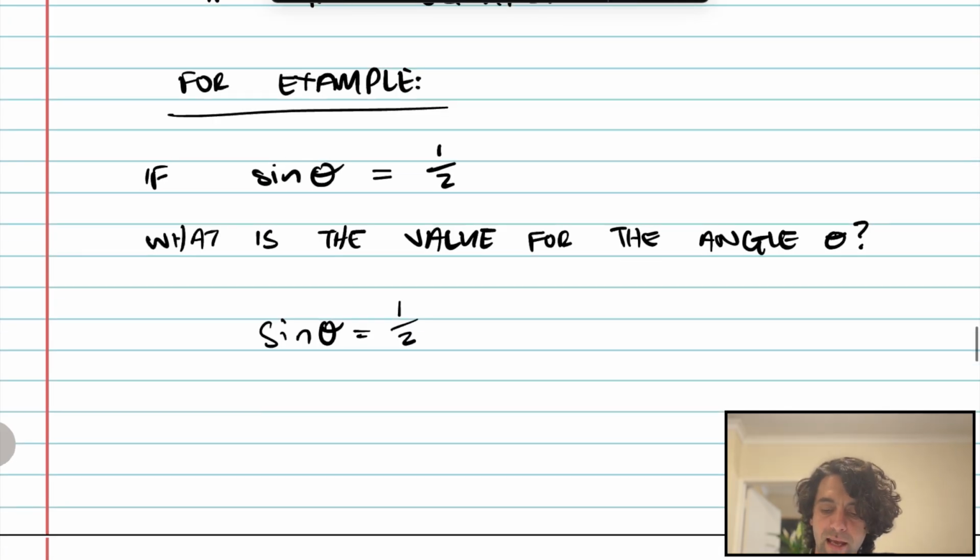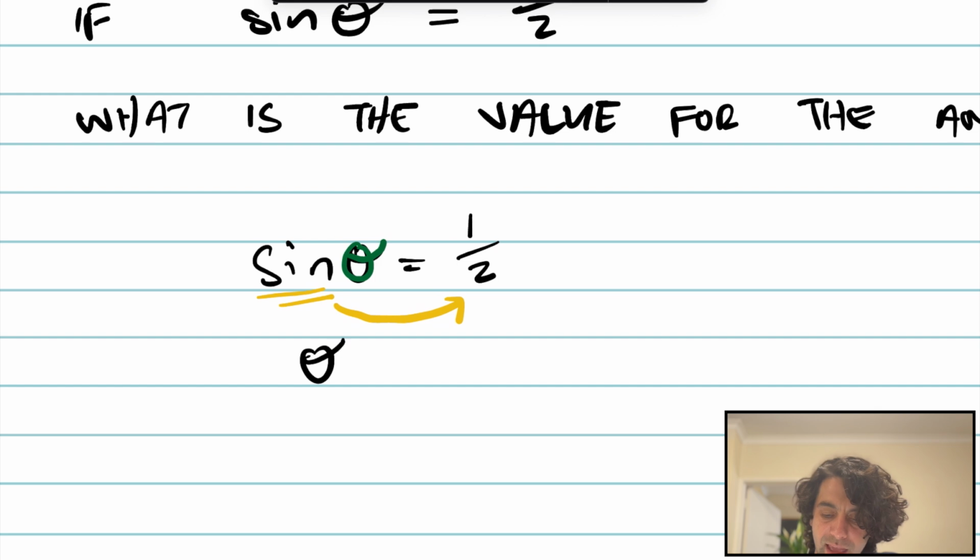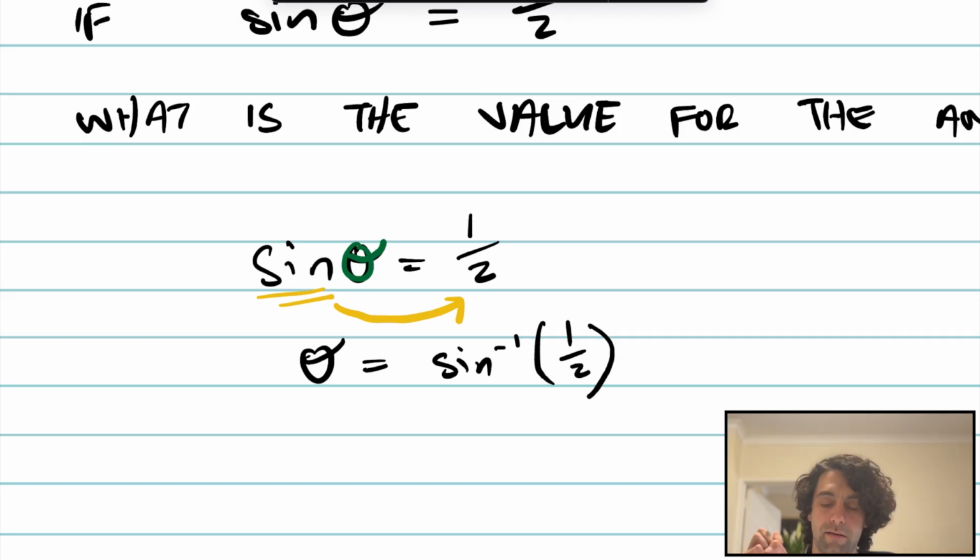And now what we do is we need to bring this sine over to the side so that we can get this angle theta on its own. That will give us the angle. What happens when we do that is we get theta is equal to sine to the power of -1 of a half. It is the inverse sine.